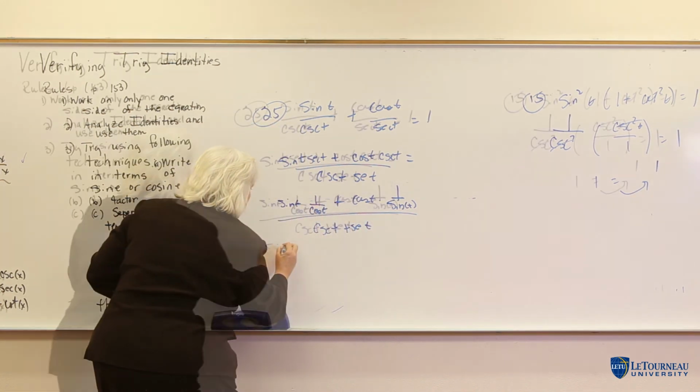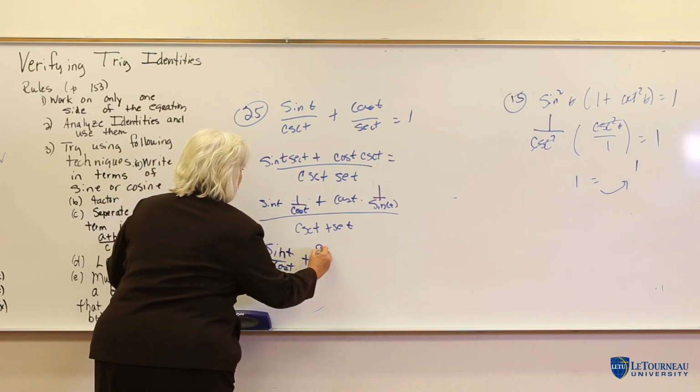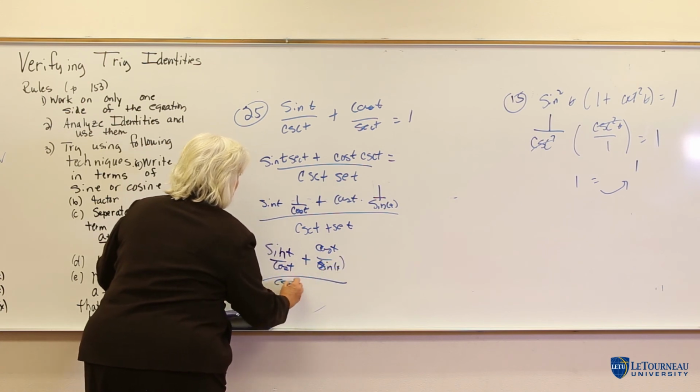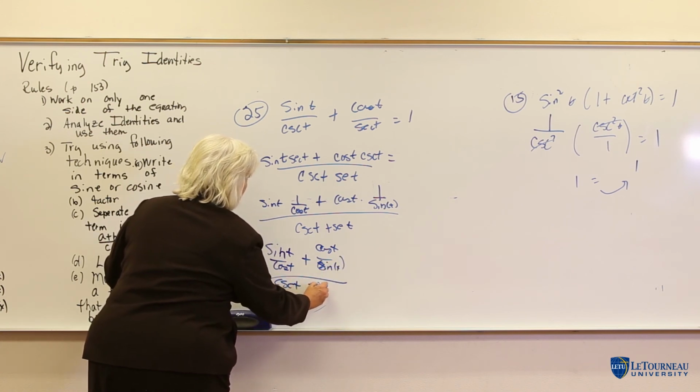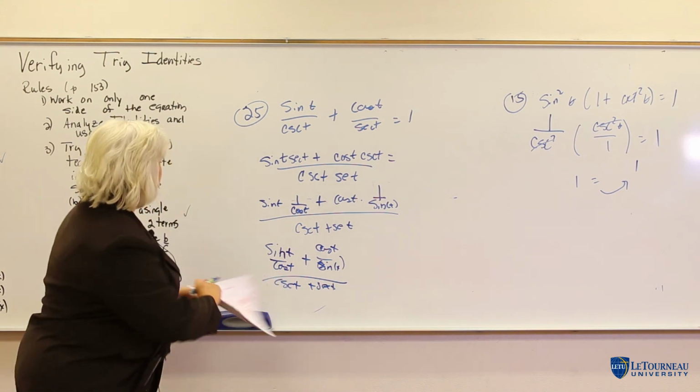And look what happens here. Sine t over cosine t, sine over cosine is tan.